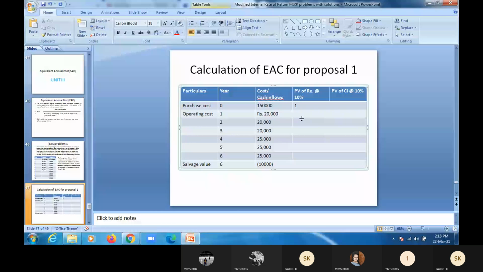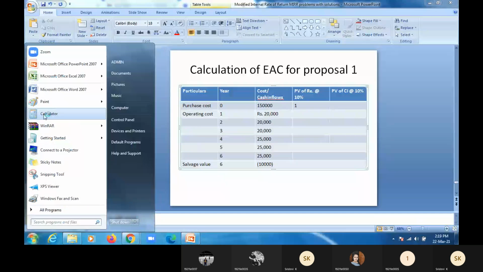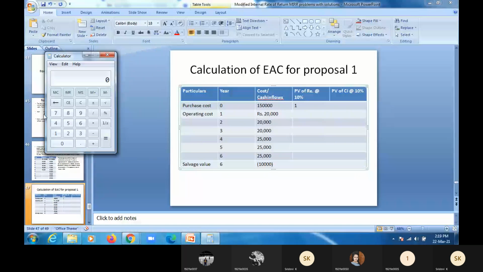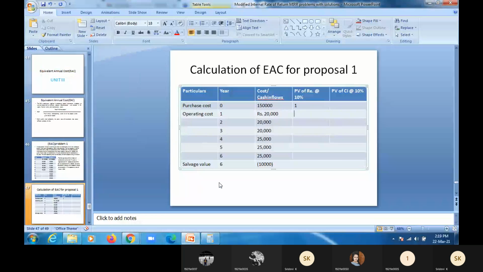Take a calci. So how much will we get? What is the value that we are going to get is 1 divided by, for first year I am showing here, 1 plus r, where r is 10%. 10% means take it as 0.10.